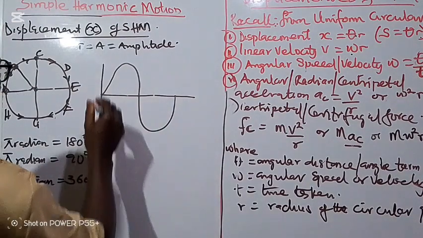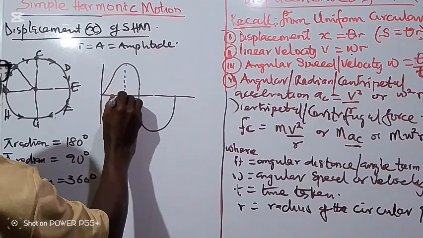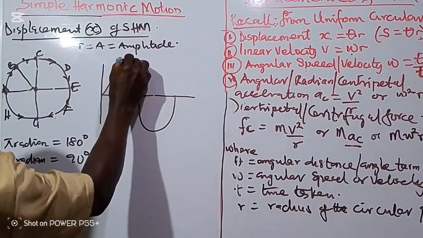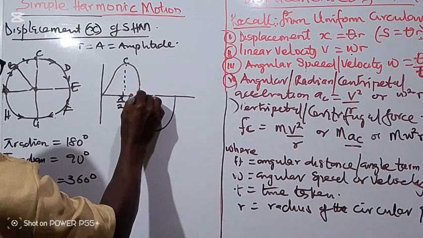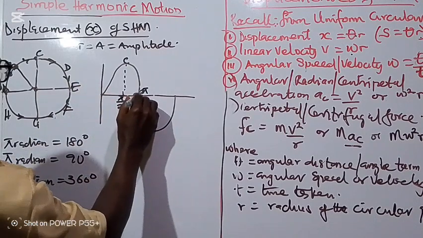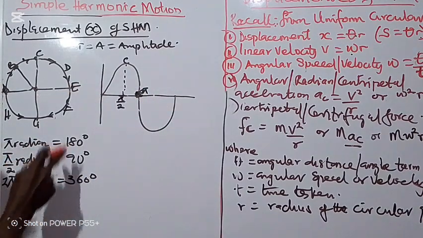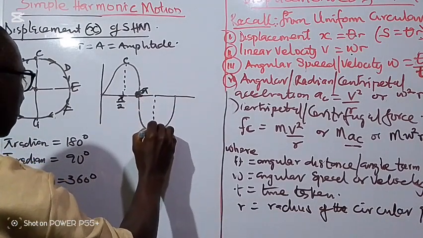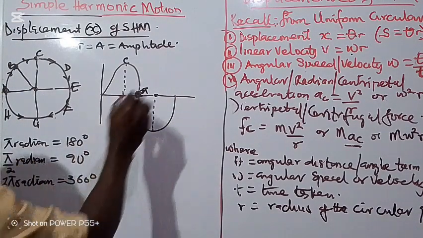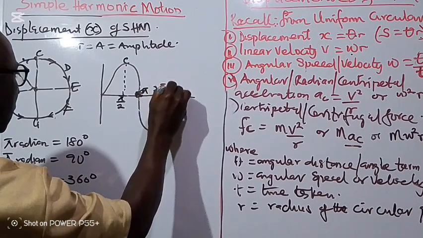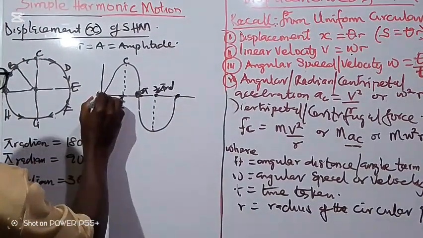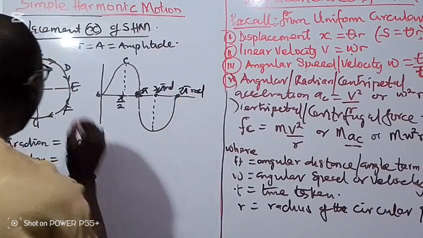From here, pi over 2 is 90 degrees, so this is point C. Then pi is 180 degrees, which is point E. Then 3 over 2 pi is 270 degrees. And when the object comes back to the equilibrium position, that is 2 pi rad, equivalent to 360 degrees.